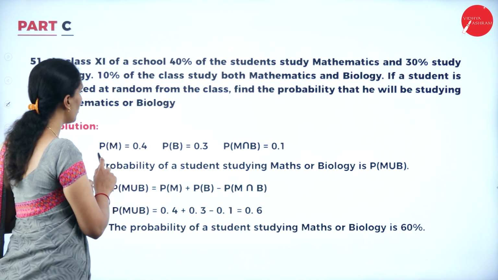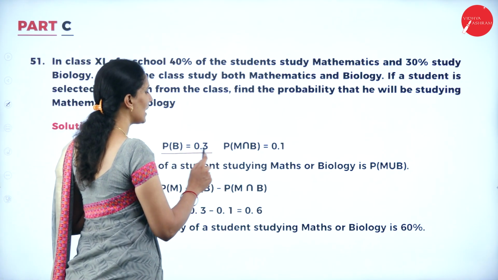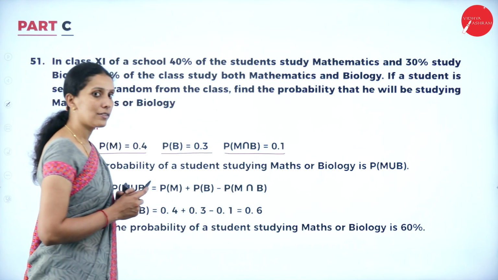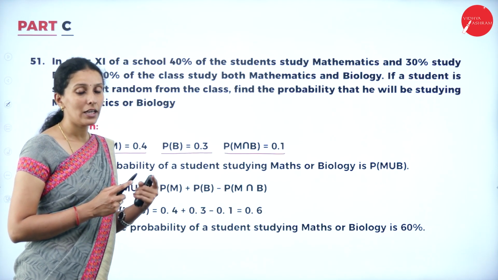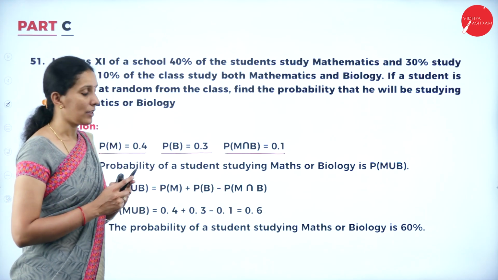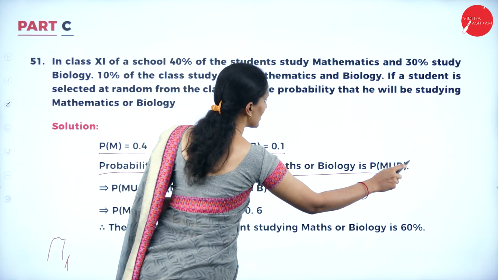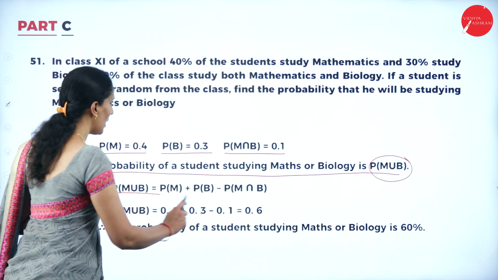40% means probability of students studying mathematics is 0.4. Probability of students studying biology is 0.3. Studying both maths and biology is 0.1. We need to find out the probability of the students studying biology or mathematics. That is, probability of a student studying maths or biology is nothing but probability of M union B. We have this formula.